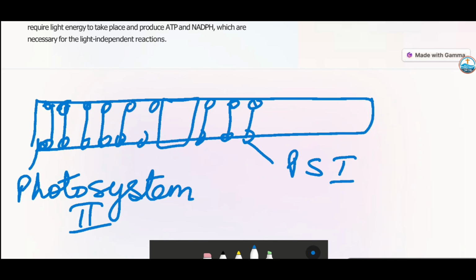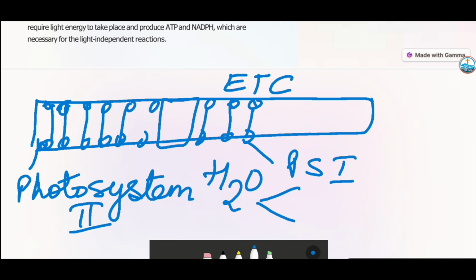When these electrons receive the energy, they get excited and move towards this electron transport chain. Here the water molecule absorbs the energy and splits into two parts, releasing hydrogen and oxygen.